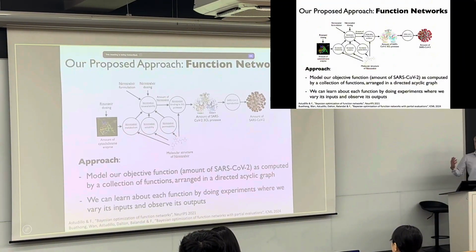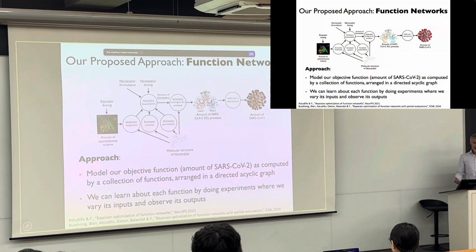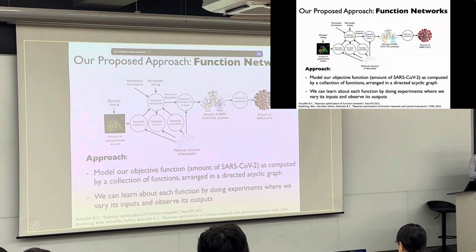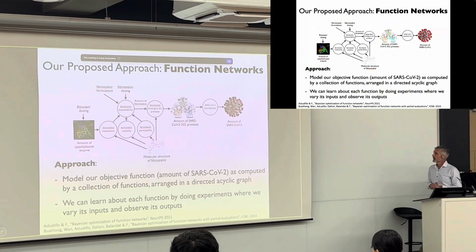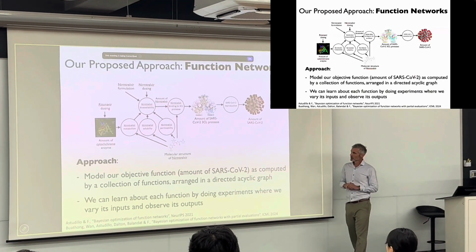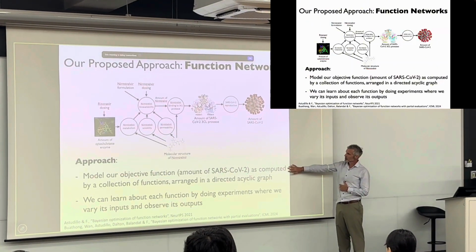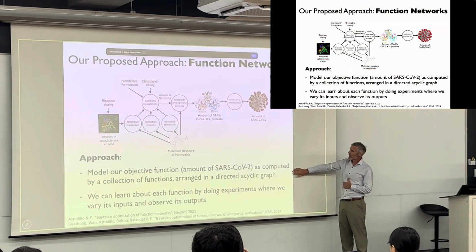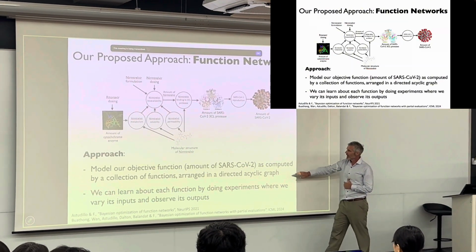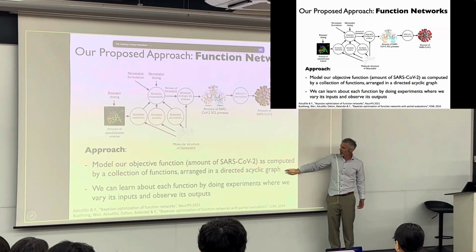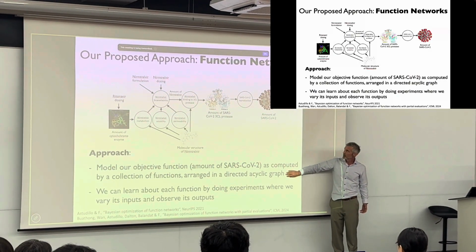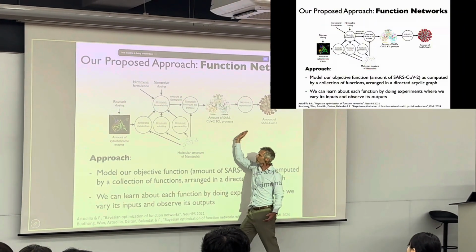So we have proposed this approach over a sequence of papers, which we call function networks. In this approach, we model our objective function, in this case the amount of SARS-CoV-2, as computed by a collection of functions, which are arranged in a directed acyclic graph, just like here.